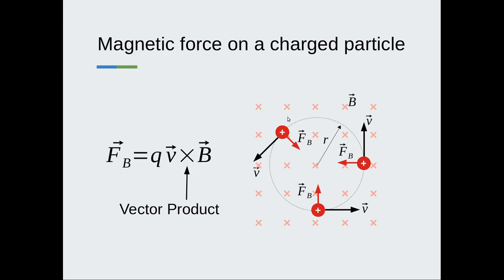So it will create a circular motion here. So the force depends on the velocity of the particle itself. It depends on the magnetic field. And it's pulling the charged particle and makes them spin and run in a circle and create a circular motion.